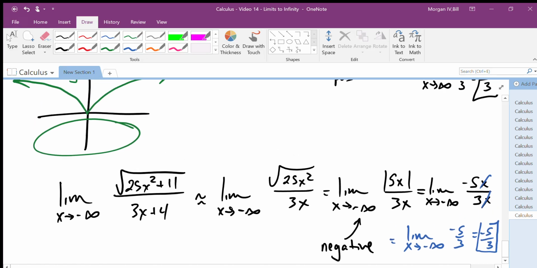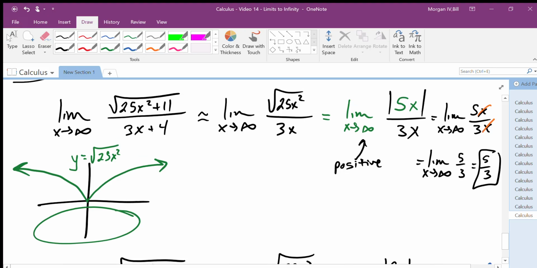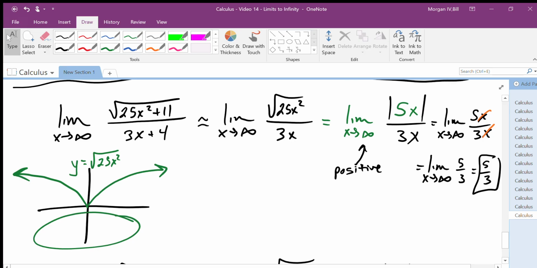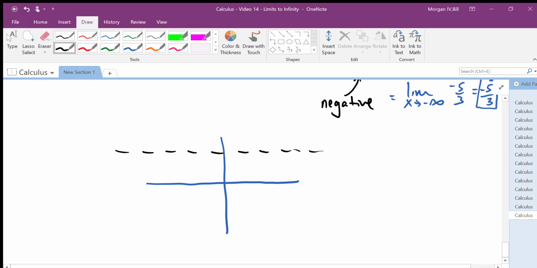Notice that's a different answer than we got when we went to positive infinity. This is one of those rare cases, and it has to do with that square root of x squared being inside of there, where we have two horizontal asymptotes. We have a horizontal asymptote at y equals 5/3 and a horizontal asymptote at y equals negative 5/3.